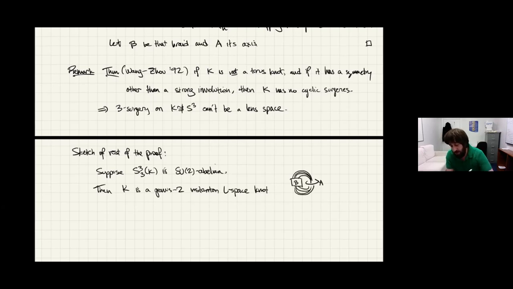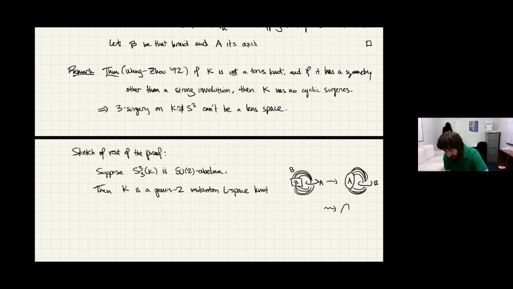Remember that means we have this picture where there's some fibered braid whose closure is unknotted, and we can write this, up to isotopy, since its closure is unknotted, we can redraw it a little bit. If B was the closure of that braid beta, B is an unknot, and A is some axis that may not be braided in the complement of B. And so our picture of K: we take the branch double cover of B and we lift A to that branch double cover.